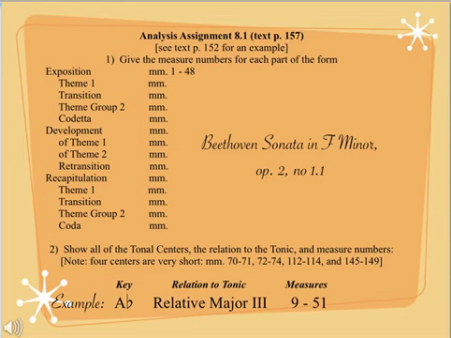Then you can bring your homework assignment to class when you take the test, which is going to ask about details about this piece, but there won't be enough time during the test to actually do the analysis in class, so you need to do the analysis ahead of time.